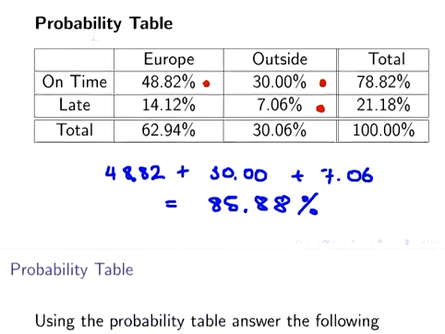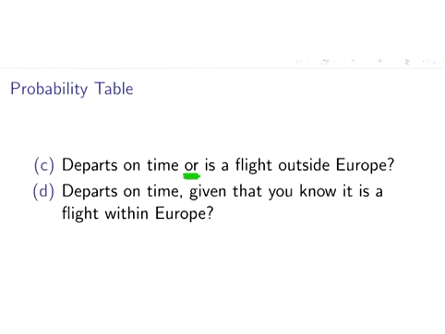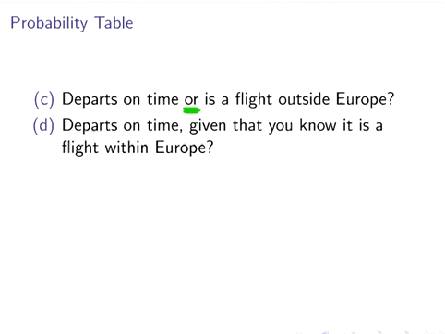So let's look at part D now. Given that it departs on time, given that it's a flight within Europe, we're going to employ a very different tack here. 107 flights are flights within Europe, and of those 83 will depart on time.